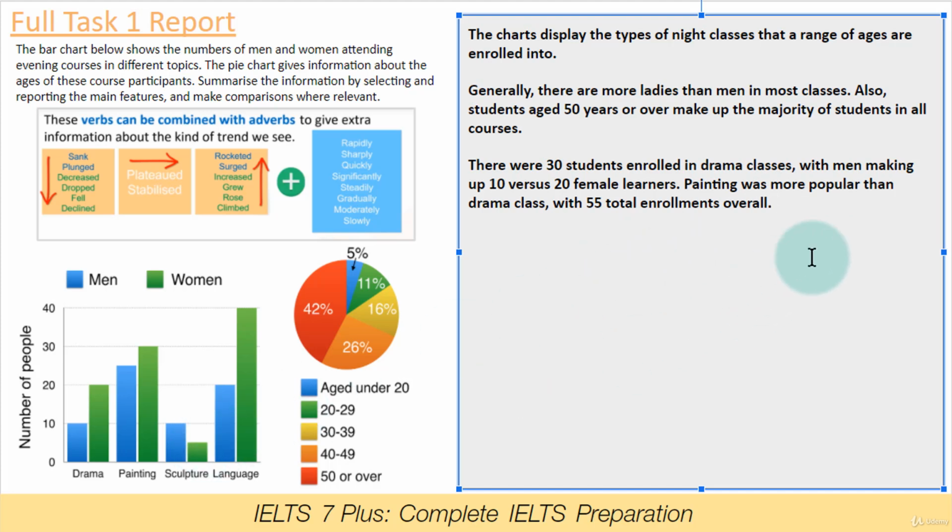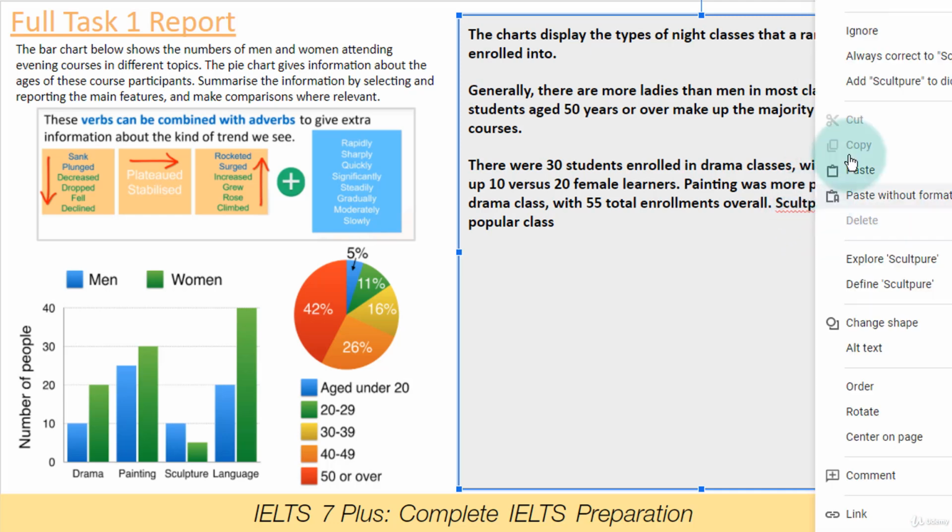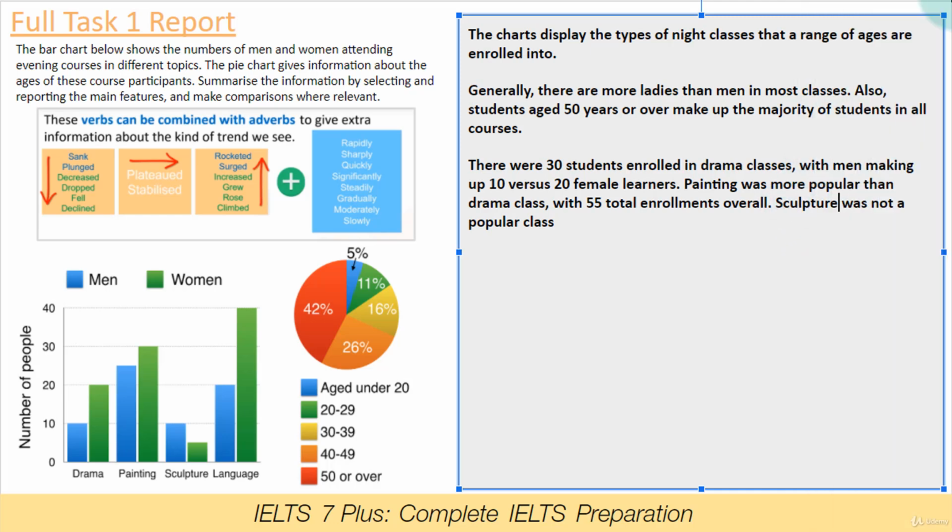Or let's say sculpture was not a popular class. Sculpture, and I'll just change my spelling here. Sculpture was not a popular class, with only how many? 15 students total. Whereas, so now I've got a nice use of a complex sentence, most probably.